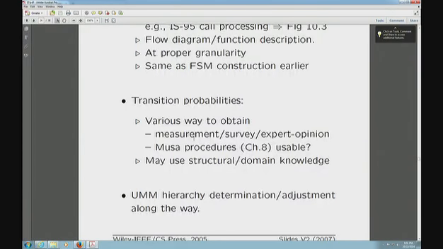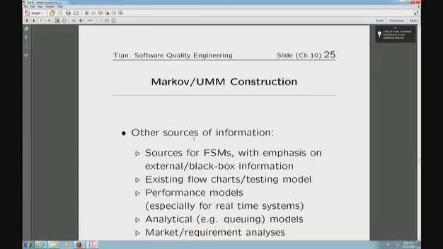Okay, and if you are doing the UMM, a collection of Markov OPs, operational profiles, Markov chains, then you also need to make some adjustments and decisions about where do you break up the hierarchies and things like that. Okay, so that's the general idea about this.